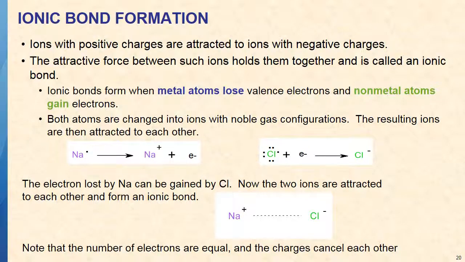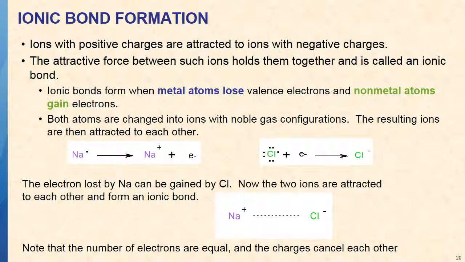All right, so now that we have ions, remember that opposites attract, and so if we have an ion that has a positive charge and an ion with a negative charge, they will be attracted to each other. Again, remember that the metal is the one that loses the electron, the non-metal gains the electron, and so technically speaking, in this case, if we reacted sodium metal in chlorine gas, the sodium will give the electrons over to chlorine, and then we'll have a sodium ion and a chloride ion, and then they'll be attracted to each other, and that is what an ionic bond is.